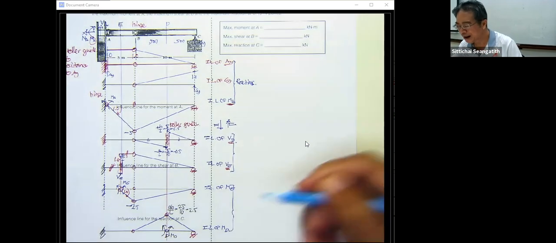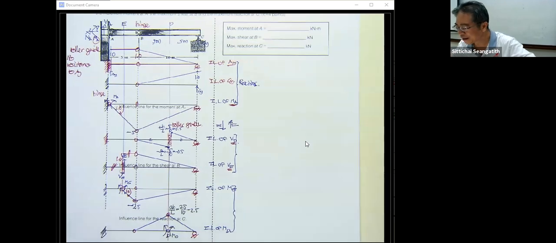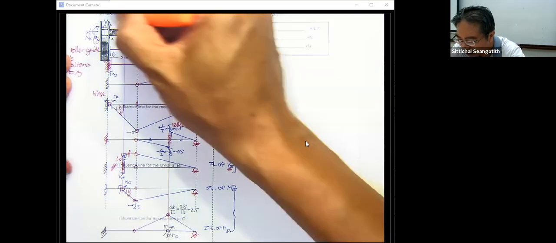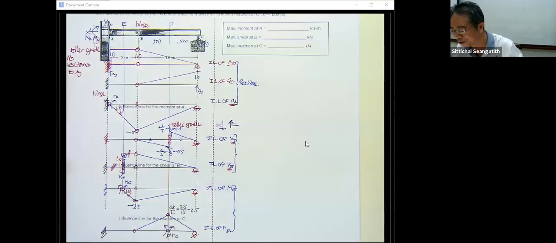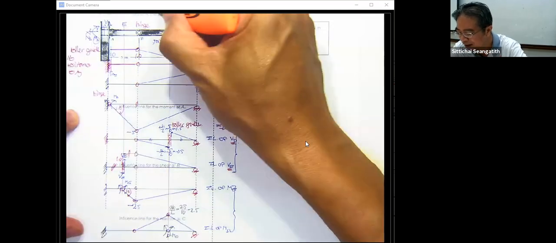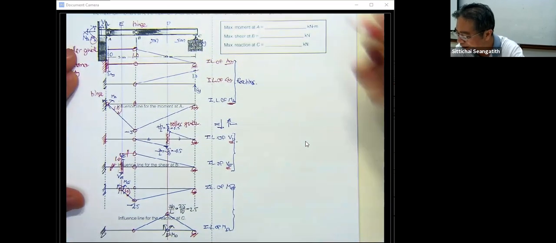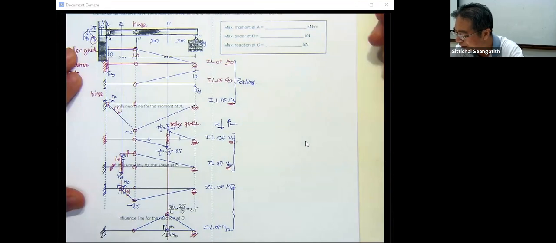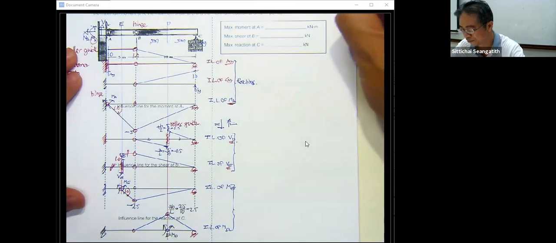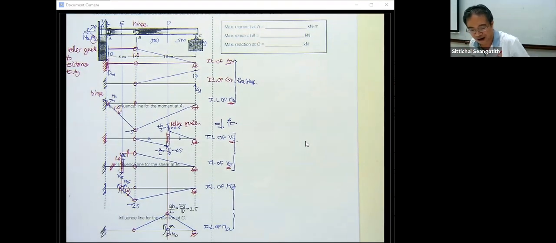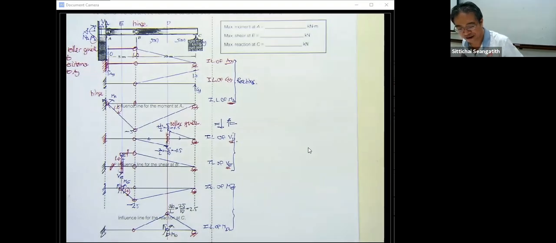And then what they say is, if a uniformly distributed dead load of 1.5 kilonewton acts on this, the dead load is very easy, and a concentrated live load. Let me change this one a little bit. Let's change this one to live load so it can adjust itself a little bit easier.